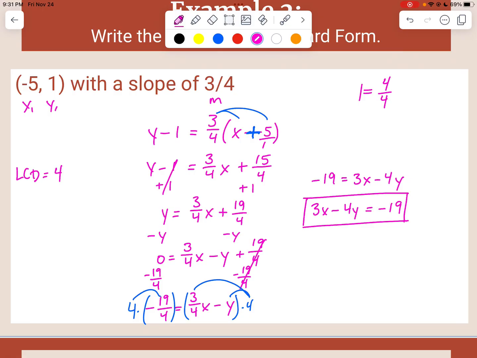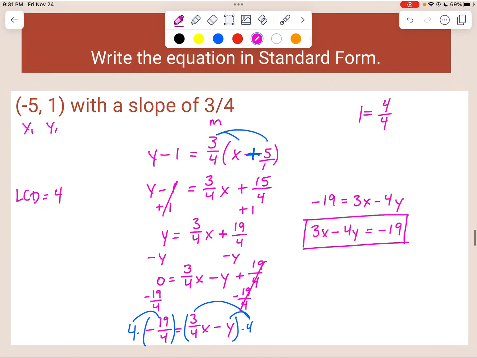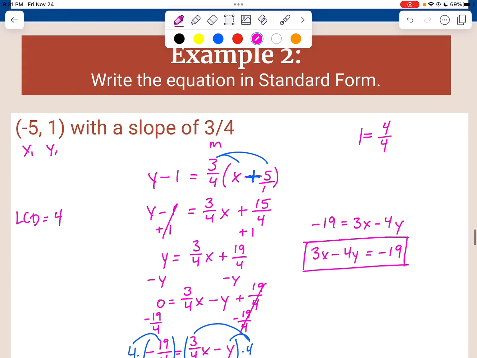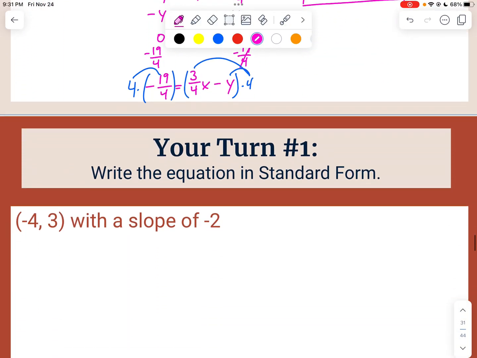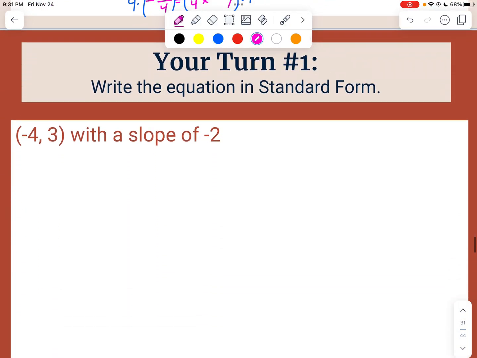So this really just helps us practice getting comfortable with manipulating equations. The more comfortable we are with manipulating equations, the easier it will be for us to deal with equations that are in different forms than what we're hoping for them to be in.